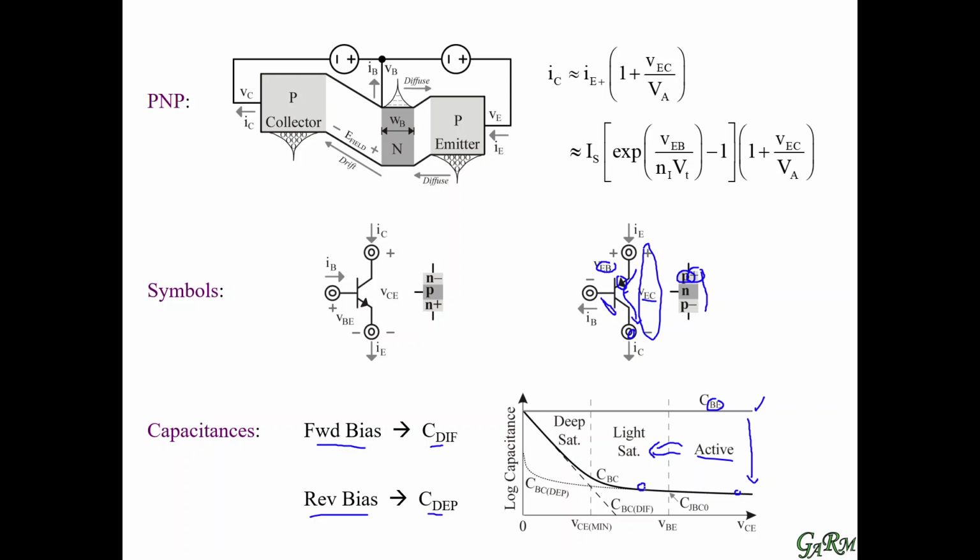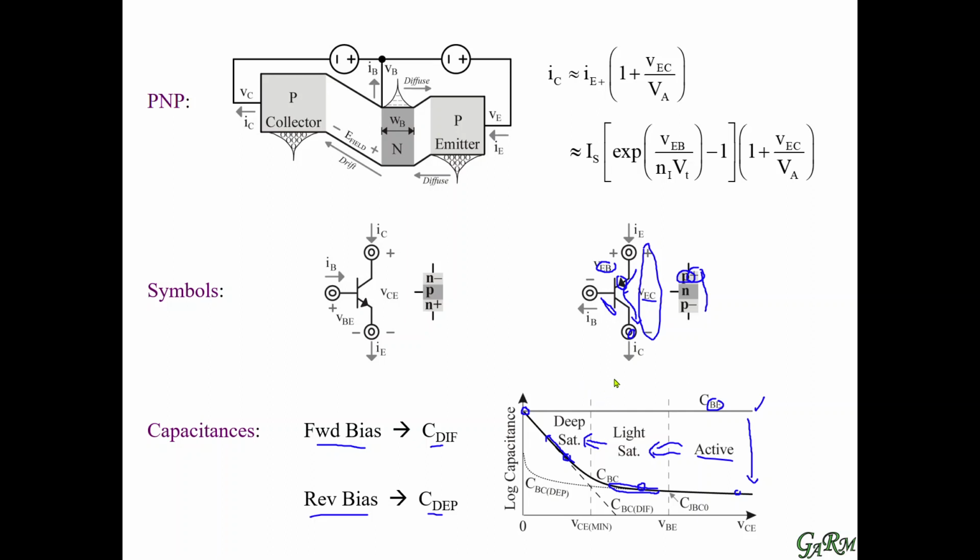As we transition into light saturation, we forward bias the base collector junction slightly. So we see a slight increase in capacitance, but not drastically. As we enter deep saturation, that's when we forward bias the base collector junction significantly, and that base collector capacitance will start increasing to a point that it can reach the same forward biasing level that the base emitter junction has.